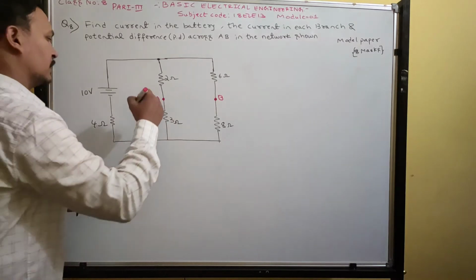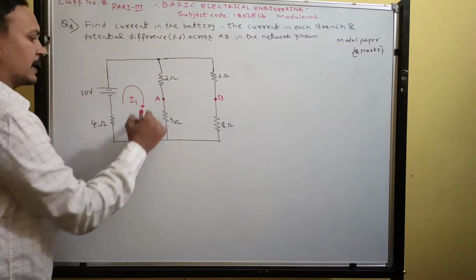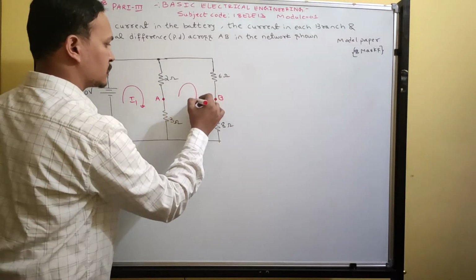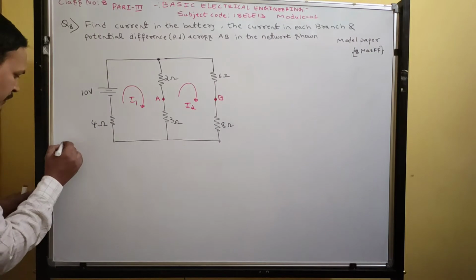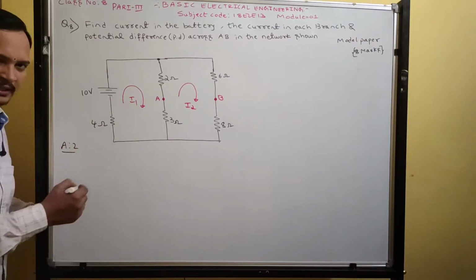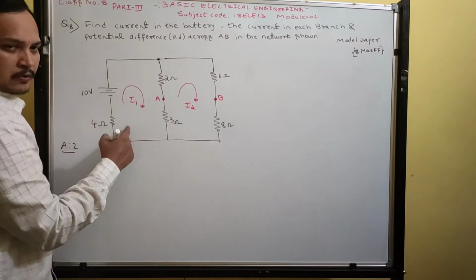Now I am applying KVL. So it is having two loops. This loop carries current I1 and this loop carries current I2. We are doing another way of solving the problem. Now first apply KVL to the first loop.